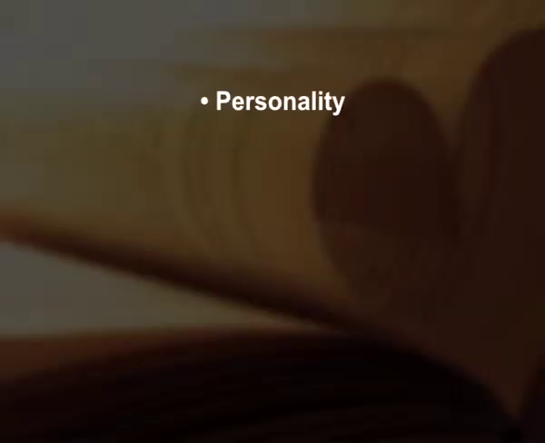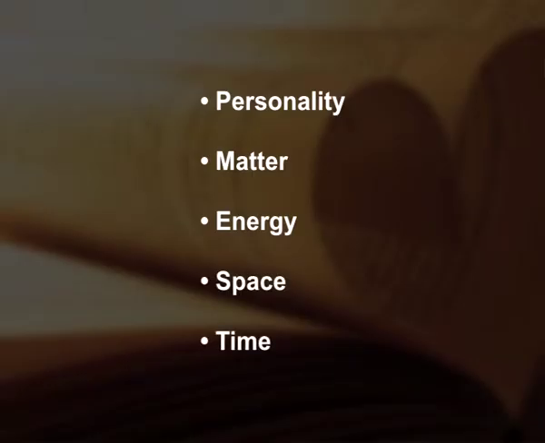Dr. Ranganathan's Colon classification is an example of faceted classification scheme. Dr. Ranganathan recognized the isolate facets of compound subjects as manifestation of 5 fundamental categories, namely personality, matter, energy, space and time.